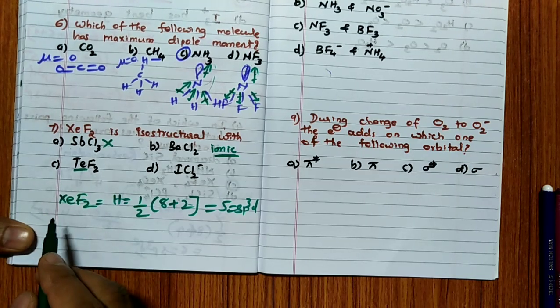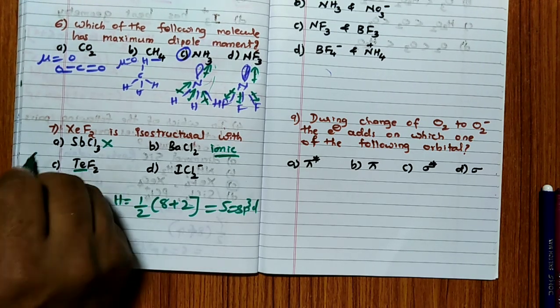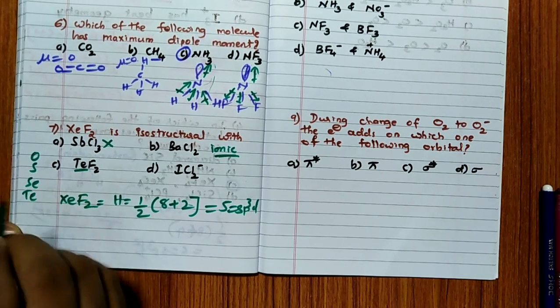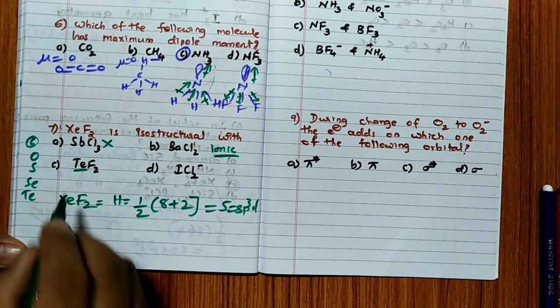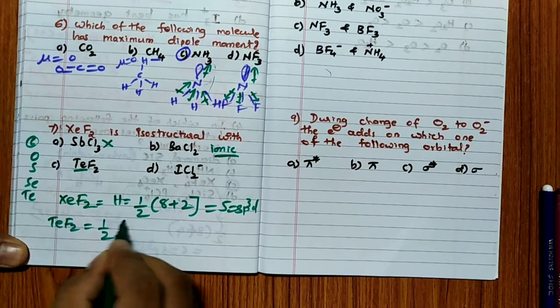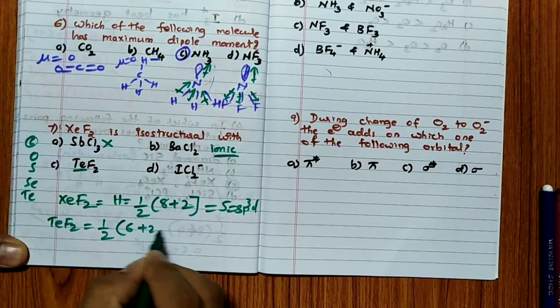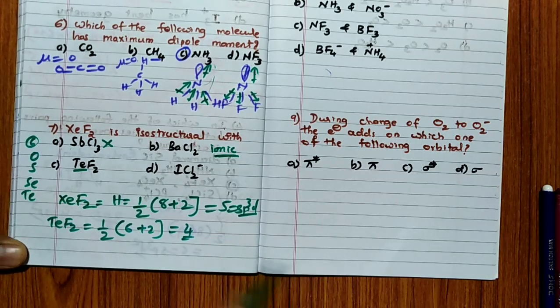Tellurium is not in the halogen family, which is fluorine, chlorine, bromine, iodine. Tellurium comes under the oxygen family: oxygen, sulfur, selenium, tellurium. So valence electrons are 6 here. In this particular case, TeF2: half into Te is 6, plus 2, so 8 divided by 2 means 4. Definitely the hybridization is not the same.